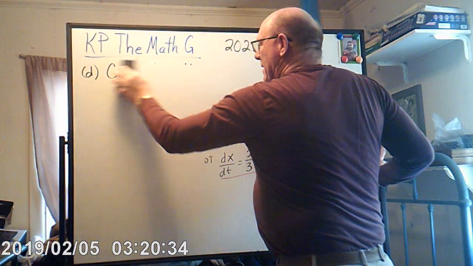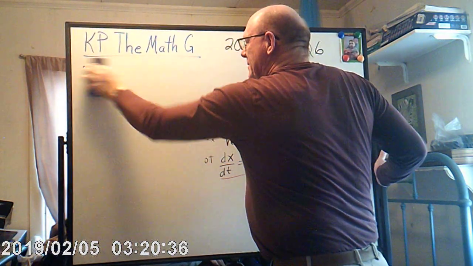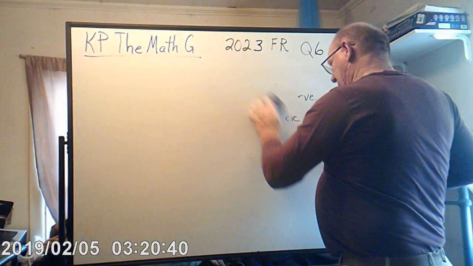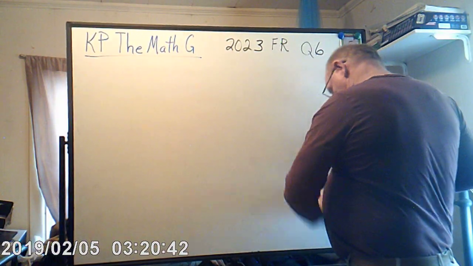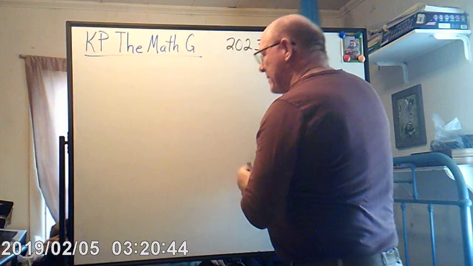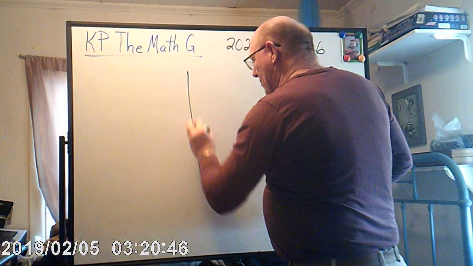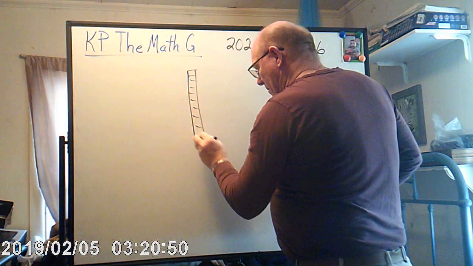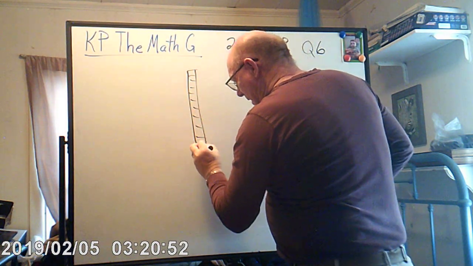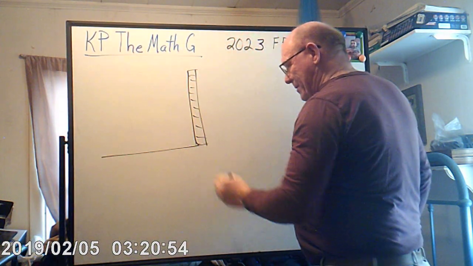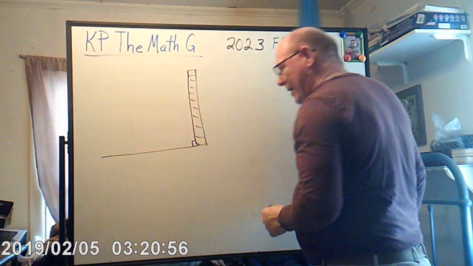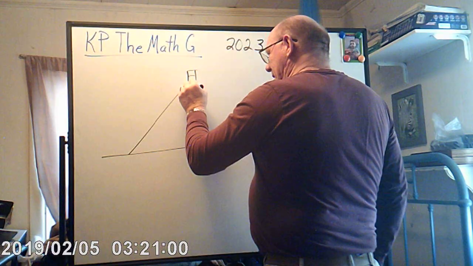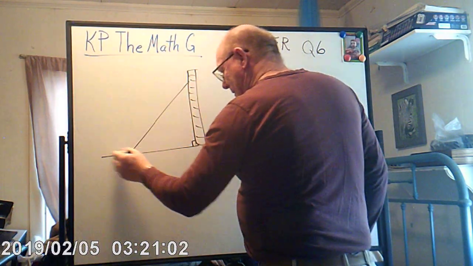Now, here's a wall. Here's a flat ground, it's always going to be flat, always at a right angle in these cases. And there's a ladder up here against the wall, and the ladder slides out.